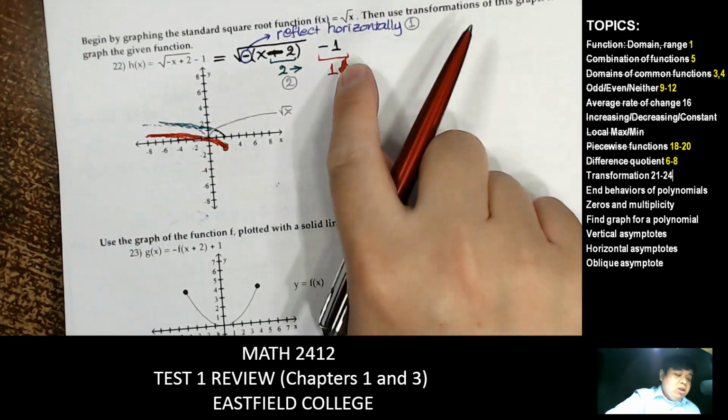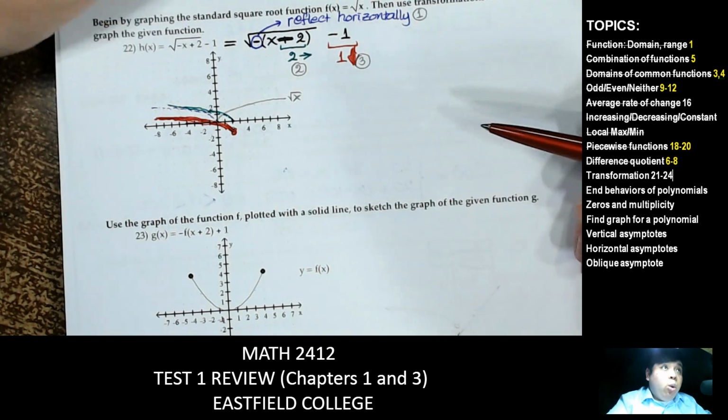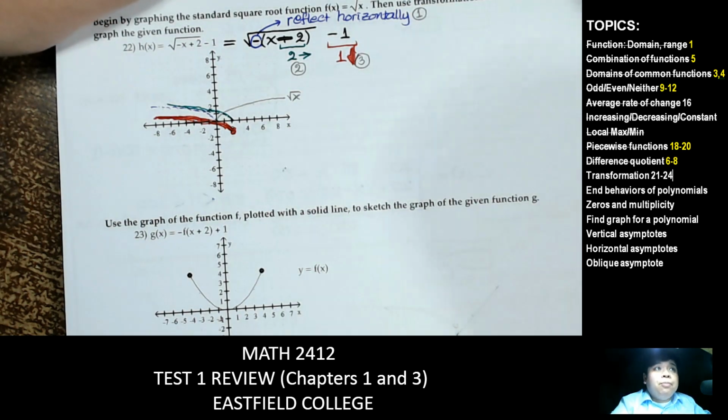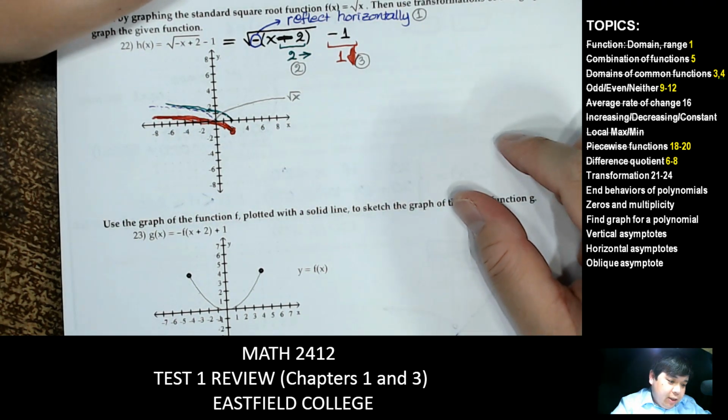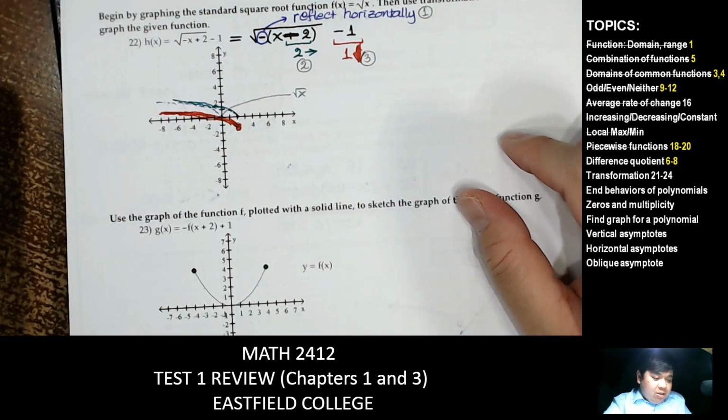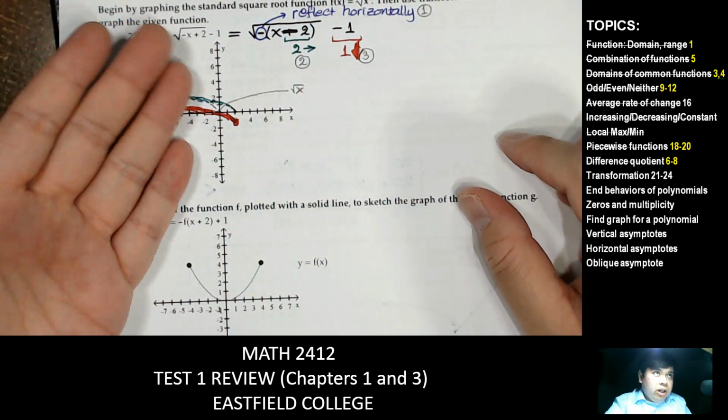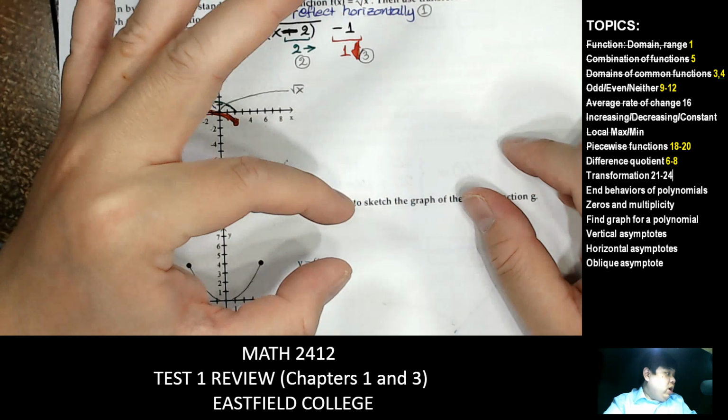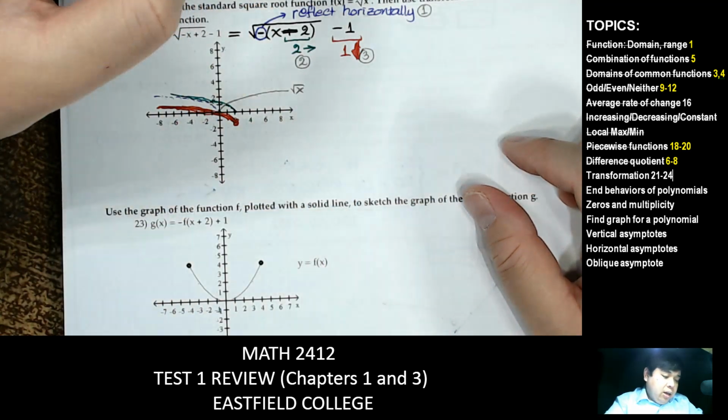Because the transformation is a lot more important than the graph itself. Right, so reflect it, flip it horizontally, 2 units to the right, and then 1 down.